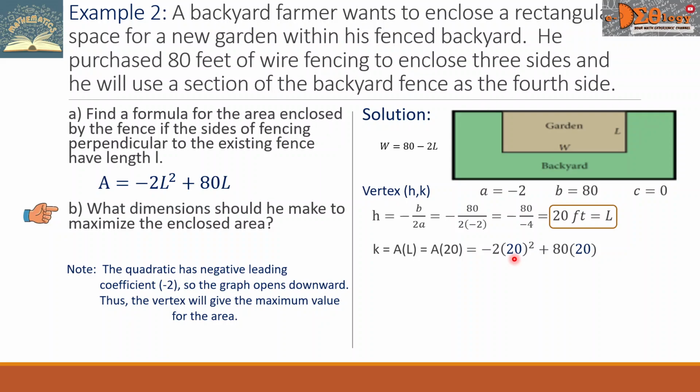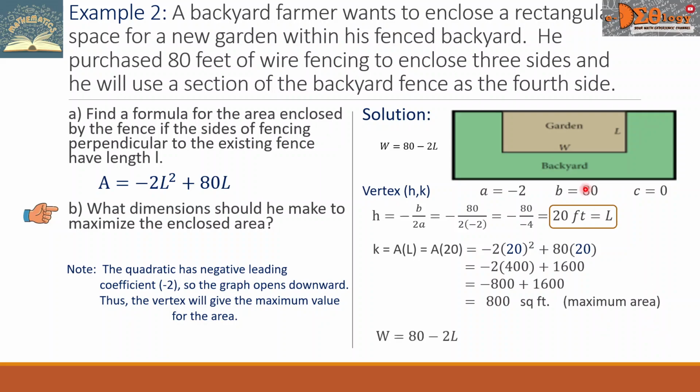Then we simplify. 20 squared is 400, plus 80 times 20 is 1,600. Negative 2 times 400 is negative 800, added to 1,600, so we have 800. We can put the unit of measurement, square feet. Since this is A, that means this is the maximum area.